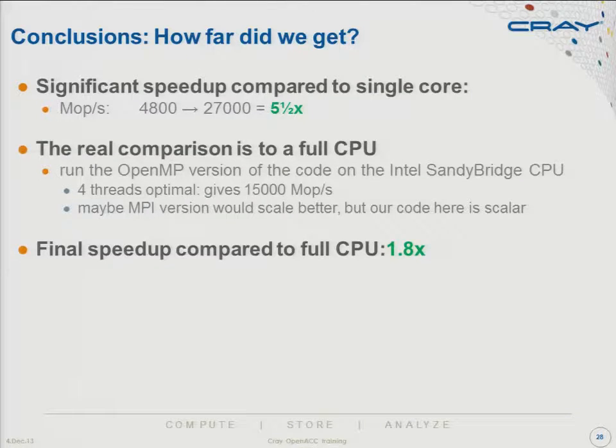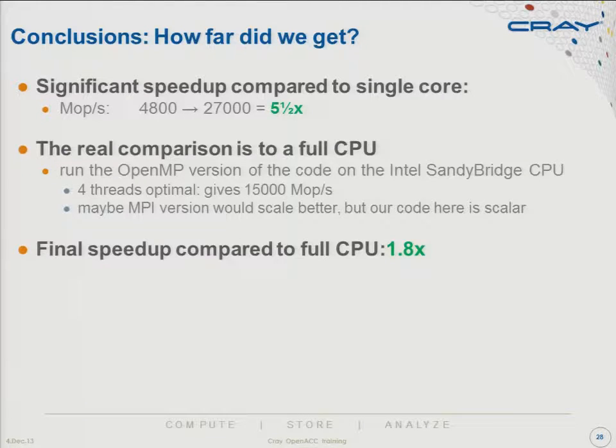So really what I should do is run the OpenMP version of the code and try and get the best performance. Now, this isn't an MPI version of the code, so all I can do is run more threads on one node. Sometimes the best thing to do is not to run 8 threads of OpenMP. Sometimes the best thing to do is to run 2 MPI ranks, each with 4 threads. But this isn't an MPI code, so, in the interests of fairness, I'm going to say this code is a serial code.